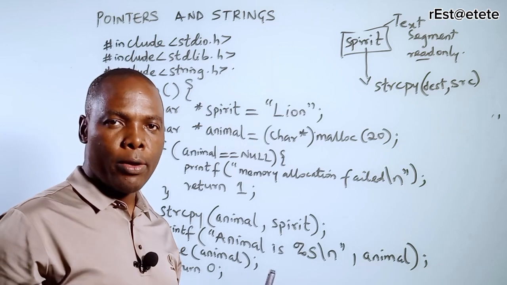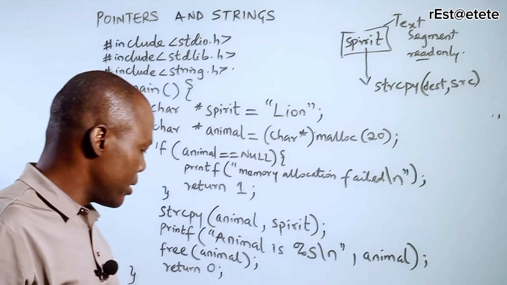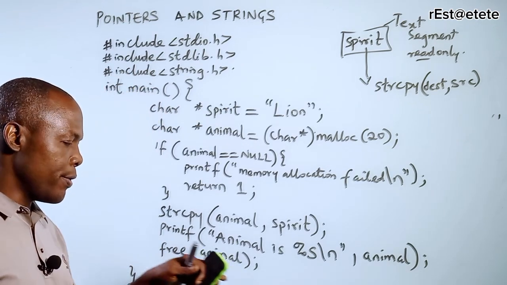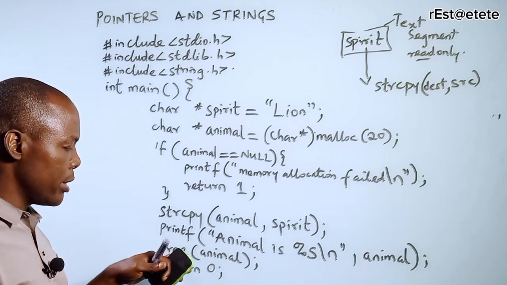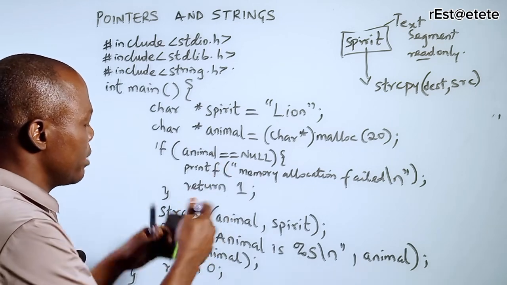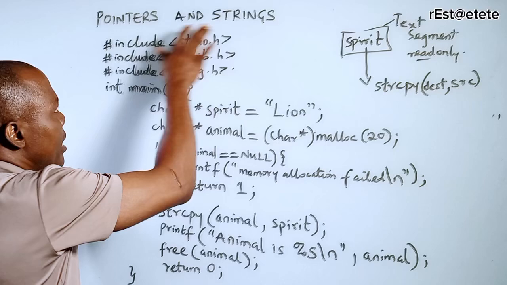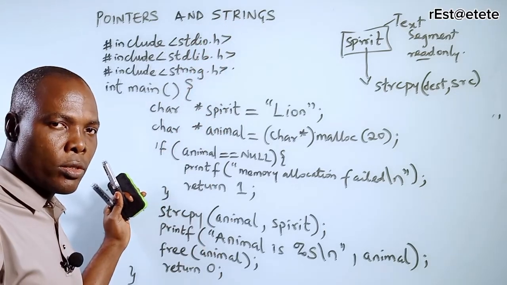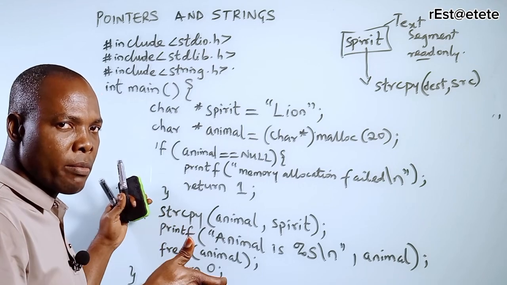So at the end of the day, when you no longer need it in the physical realm, it will die. That is the same thing as free that memory. So I'm calling the free function to release it. So this is my C program to illustrate the concept of pointers and what? Strings. So that shows you how powerful it is for God to have created man.